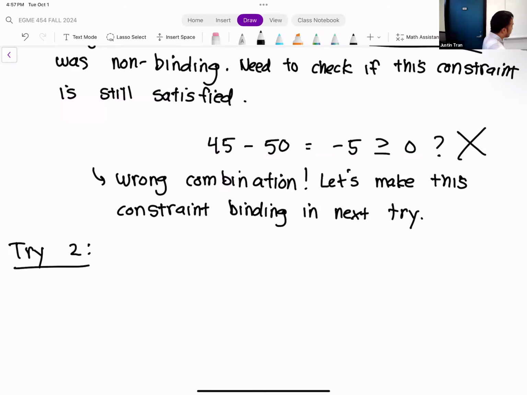So let's make the first constraint binding again, but let's relax the second constraint, which is x1 plus x2 minus 100 greater than or equal to 100. Let's assume this constraint is now non-binding.